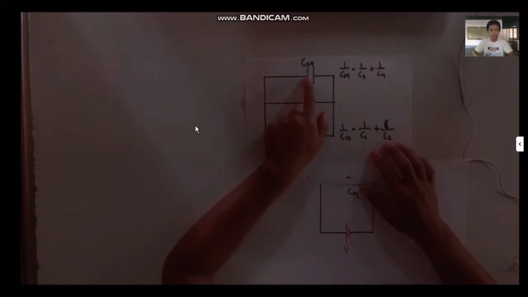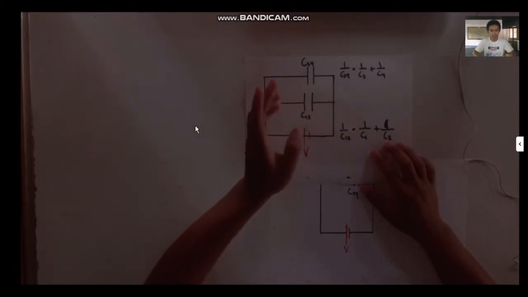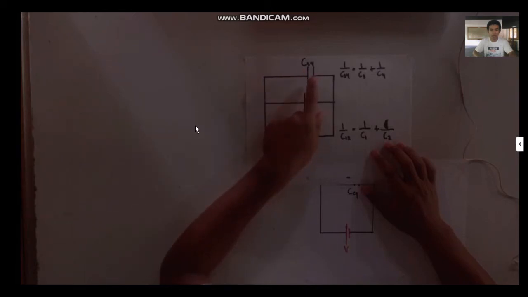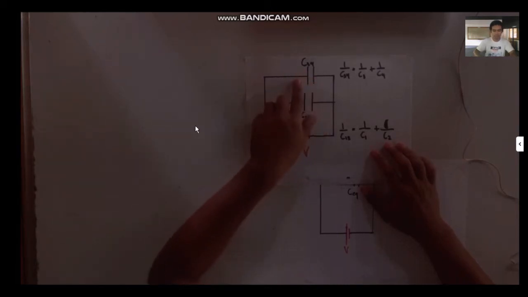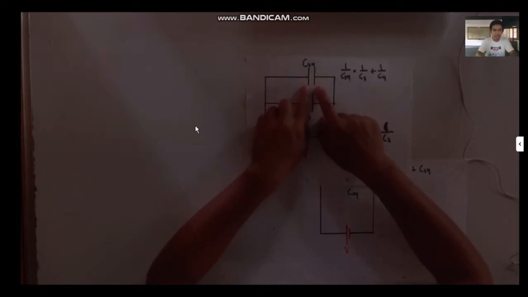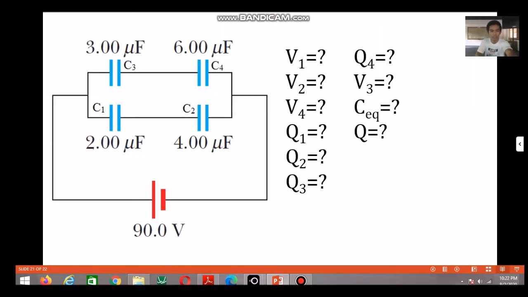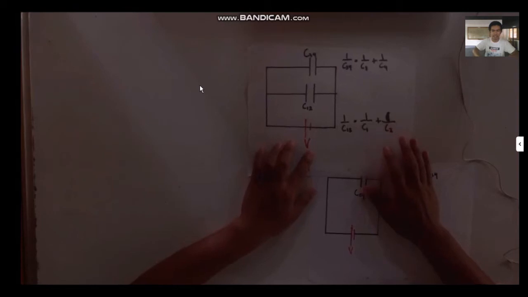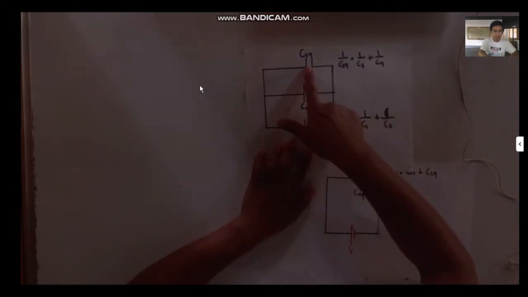Since capacitor 3 and capacitor 4 are connected in series, the equivalent capacitance of C34 is the combination of capacitor 3 and capacitor 4. So we can combine that into C34.